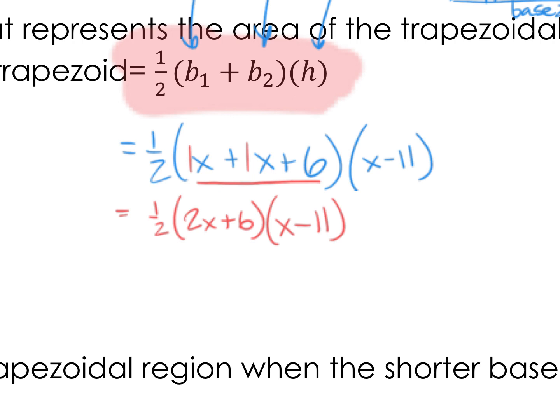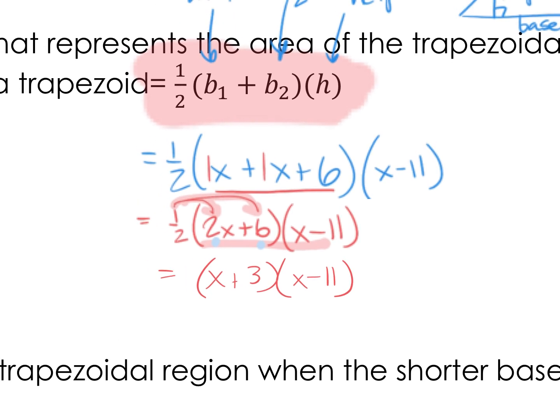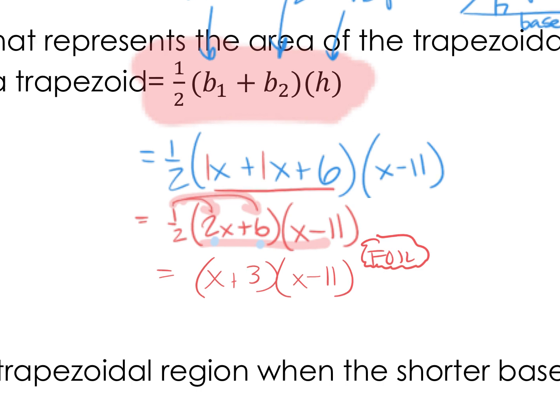Now, it's up to you. You could either choose to multiply the two binomials first or distribute this 1/2 to the first binomial. I'm going to do that because I can see in my first binomial I have two even numbers, so 2 will divide in evenly. So I'm going to say 1/2 of 2x is x, 1/2 of 6 is 3. So that just got rid of that 1/2. Now, since I have two binomials, I'm going to use my FOIL method, first, outer, inner, last.